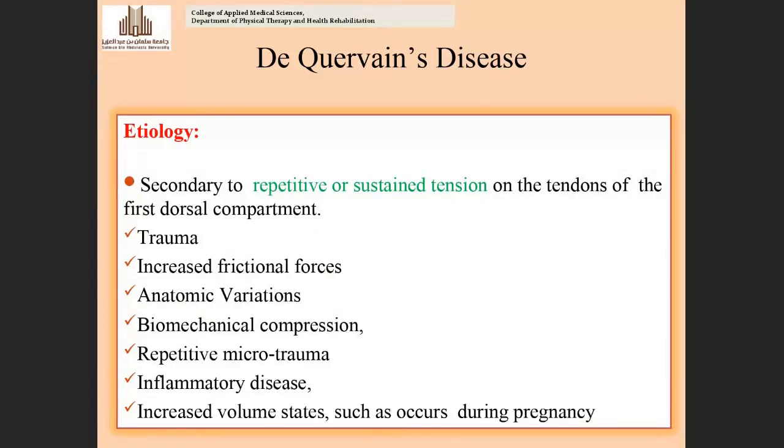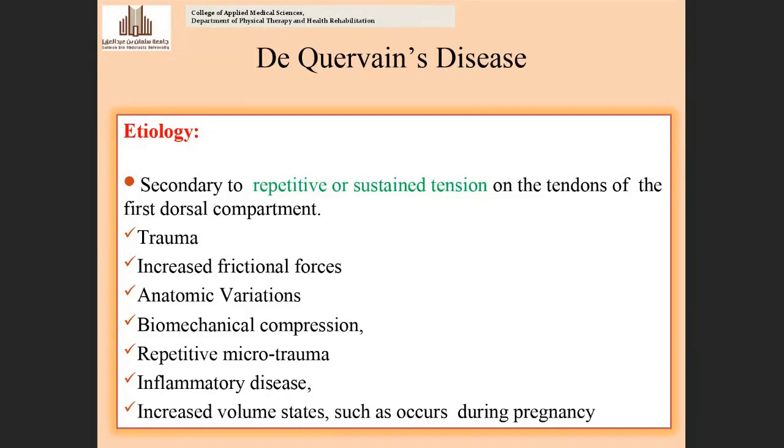When you look at the important causes of de Quervain's disease, it is secondary to repetitive or sustained tension on the tendons of the first dorsal compartment. Apart from that, it may be due to some trauma or increased frictional forces between the tendons, or in some cases anatomical variations, such as anomalies in the bone structures, tendons or ligaments.